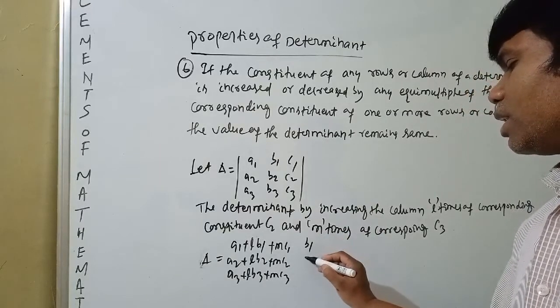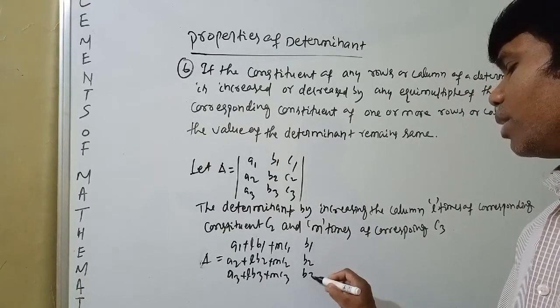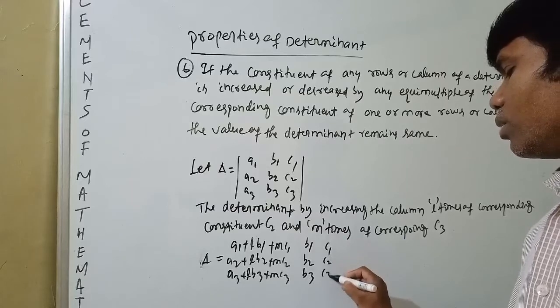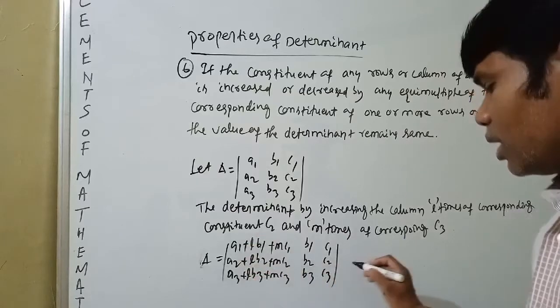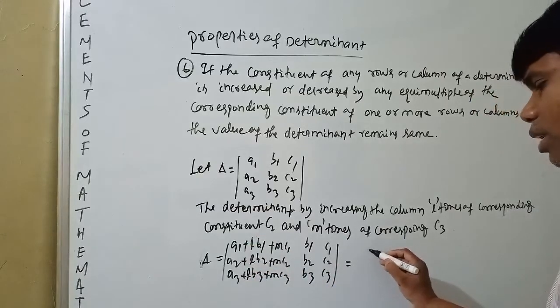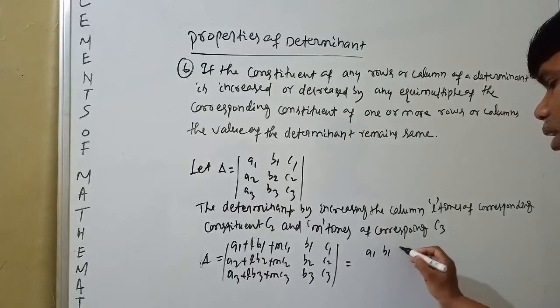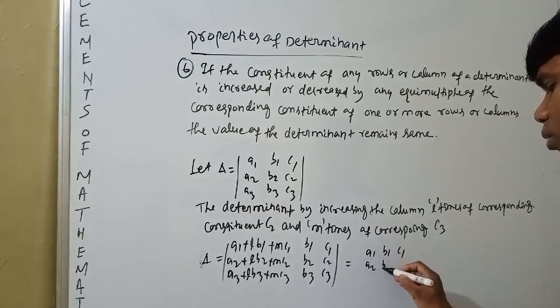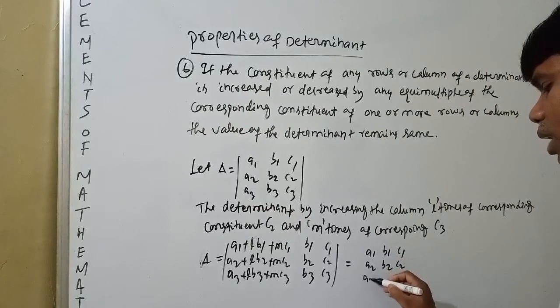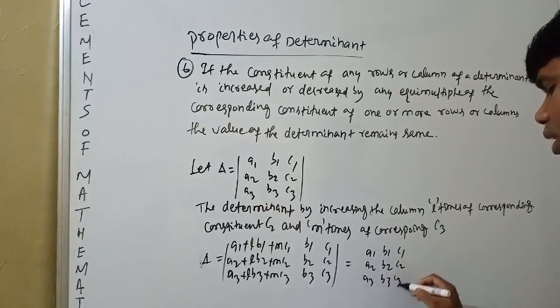B1, B2, B3 and C1, C2, C3 remain as they are, equal to A1, B1, C1, A2, B2, C2, A3, B3, C3.